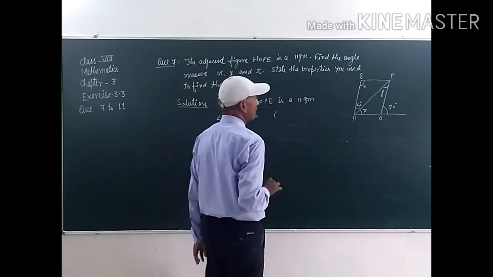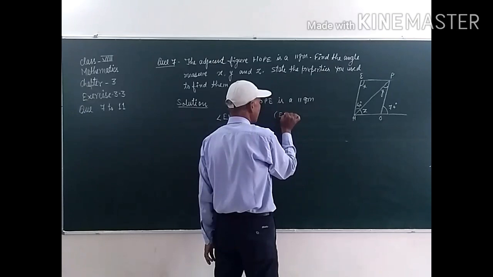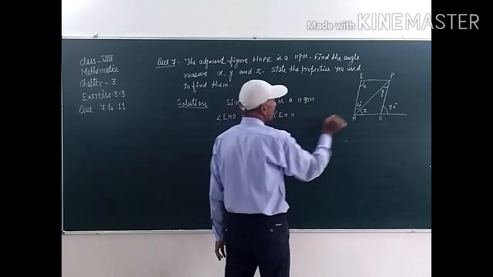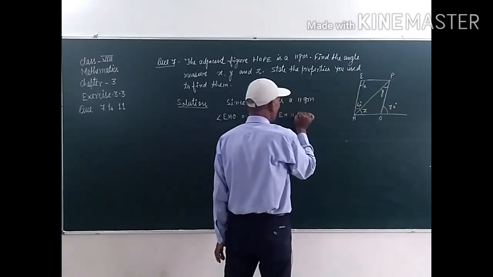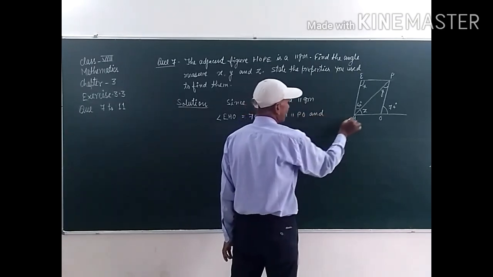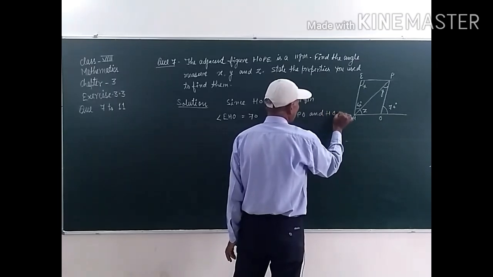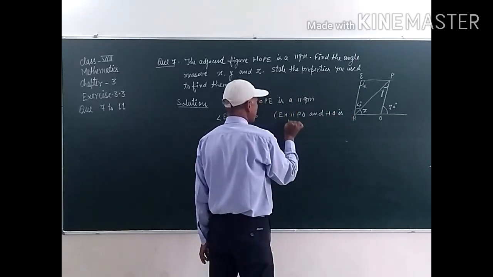Reason, student, reason is EH is parallel to PO and this line HO is transversal.